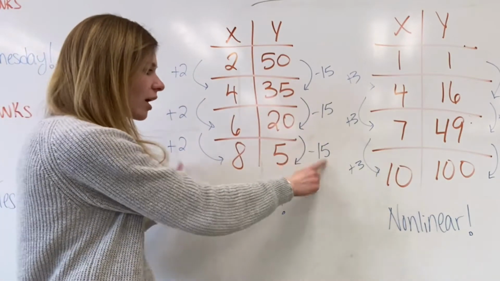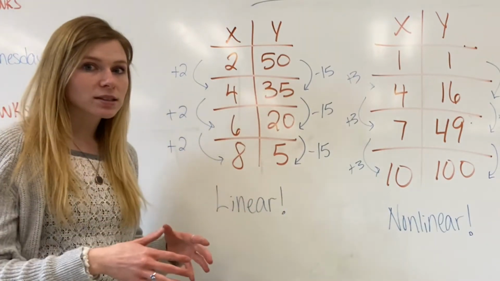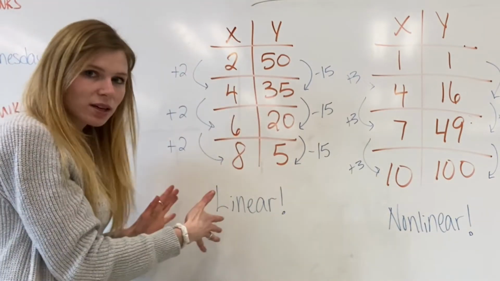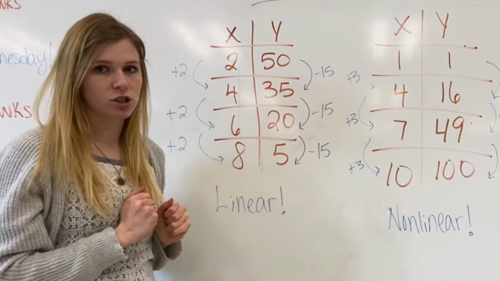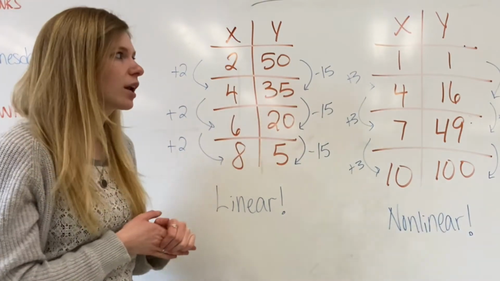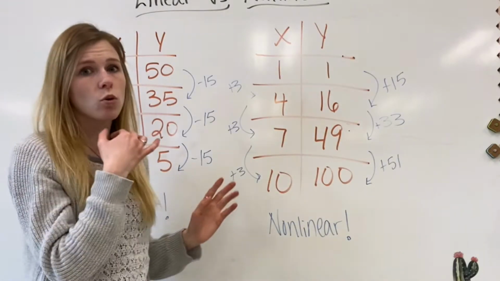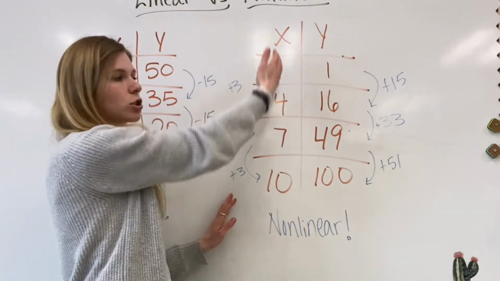Now, they're not the same. This is a +2 and this is a -15, but the domain itself needs to change by the same value. The range itself needs to change by the same value. So this is linear.